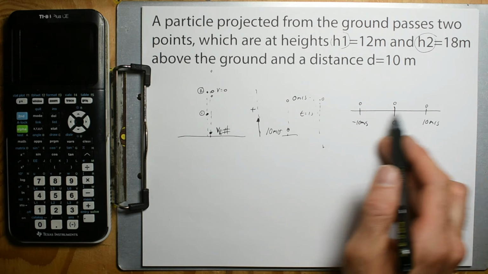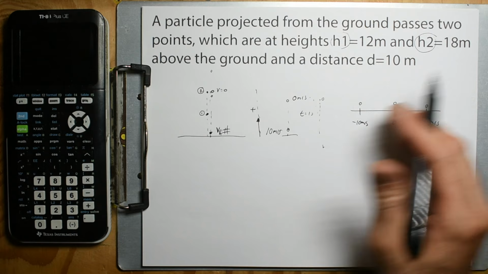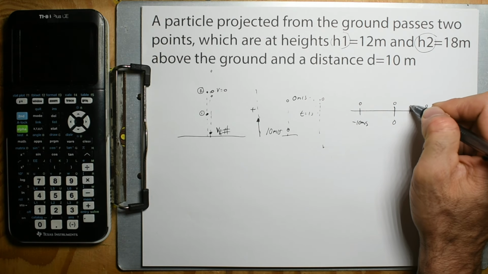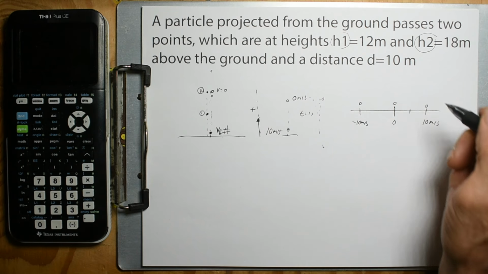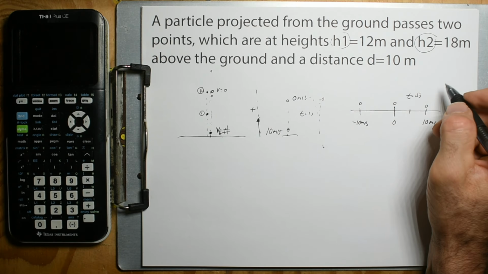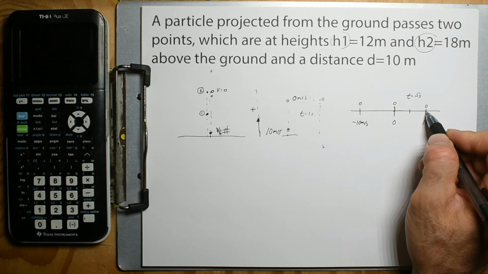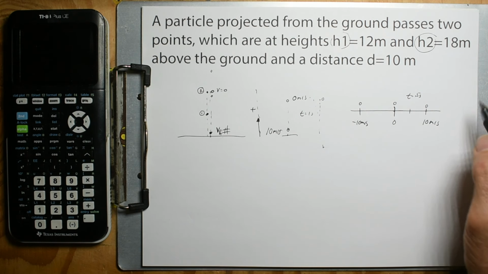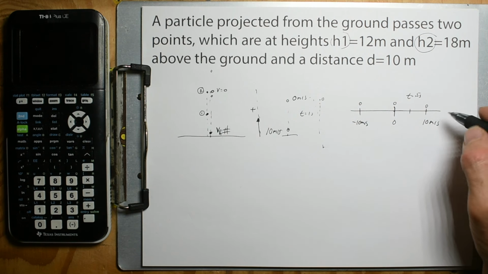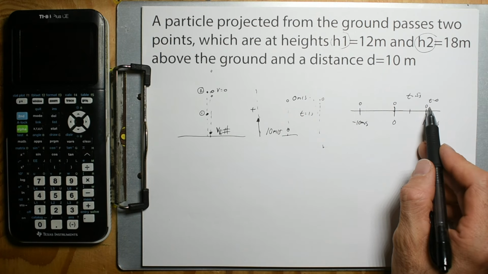And because this change in velocity is uniform and linear, let's look at time. The initial time is 0 here, and we're going to throw it upwards.